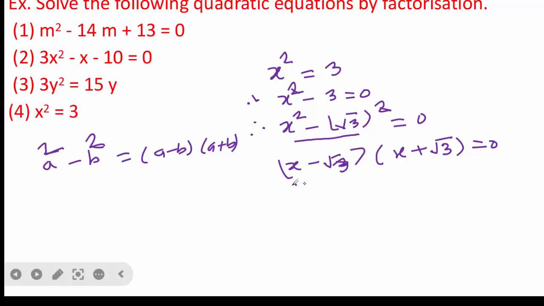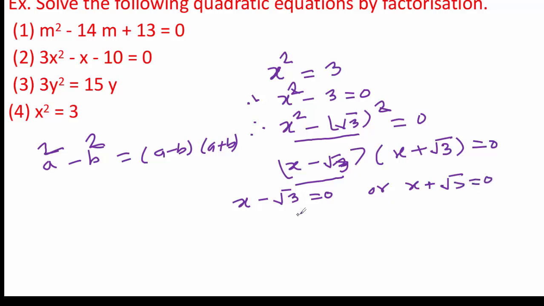Now, as the product of two terms is 0, one term must be 0.